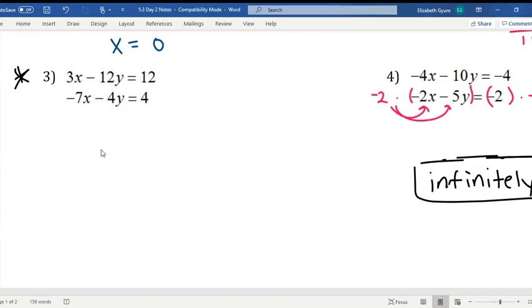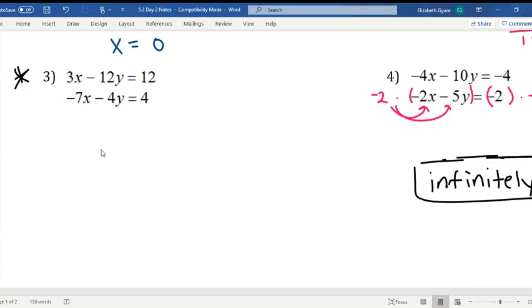Now, I do have a question for you. When we want things to cancel, do we want the same sign or opposite signs? Opposite signs. So if I only multiply this part was a little tricky. If I only multiply it by a positive 3, won't I get a negative 12 still technically? Yeah. And a negative 12 won't cancel with a negative 12.